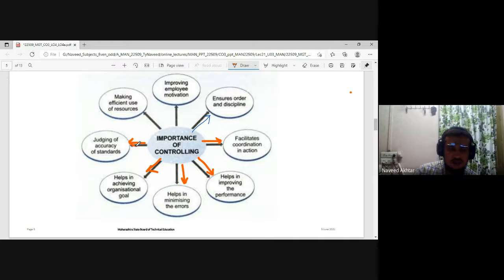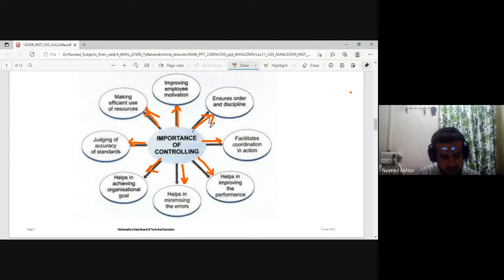Controlling helps in judging the accuracy of the standard, and controlling makes efficient use of resources. It may be material, it may be manpower, and controlling improves employee motivation also. So that is also part of controlling, and all this is nothing but the importance of controlling. That's why all these points or benefits come under controlling.